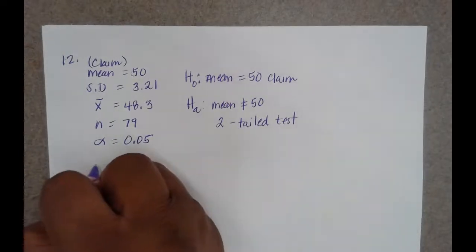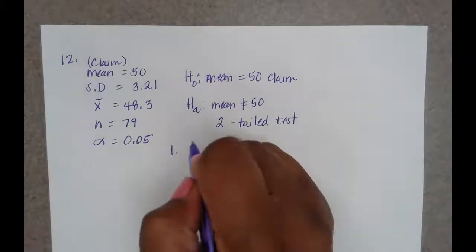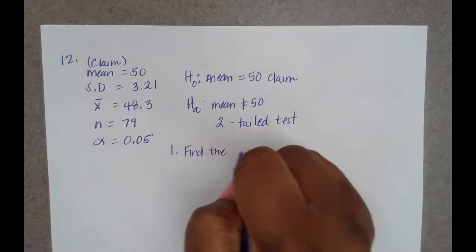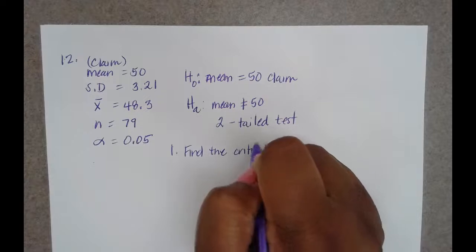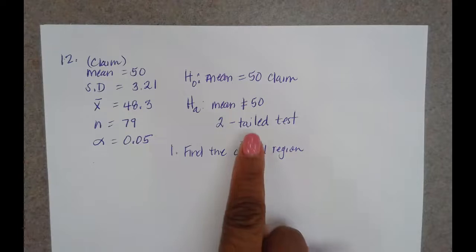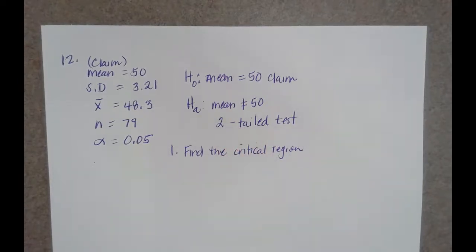So the first thing we're going to do is find the critical region. So I know I need to find the critical region because I have a two-tailed test. So how do I find the critical region? I'm really finding the scores that are on the tail ends, the two tails of the normal distribution.